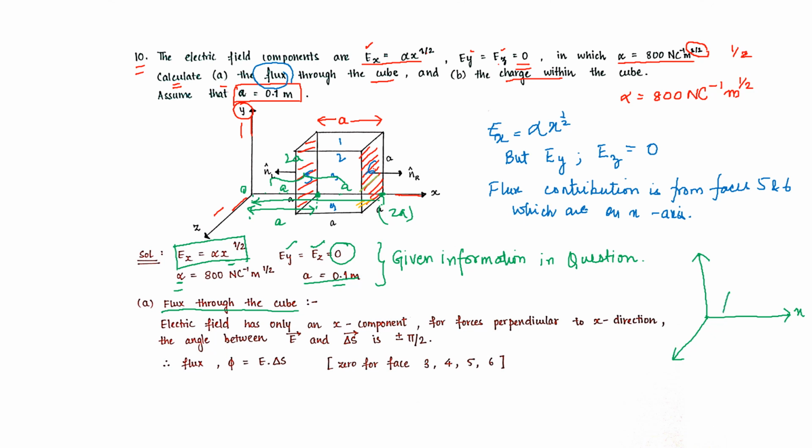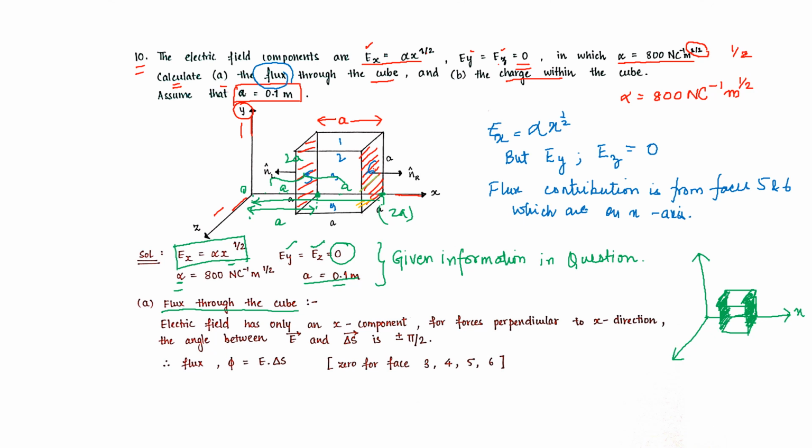So this cube is over here like this. This is the cube, and over here only this particular surface, which I am shading, will give us electric flux, and this one surface will give us electric flux. Only these two surfaces will give us electric flux.